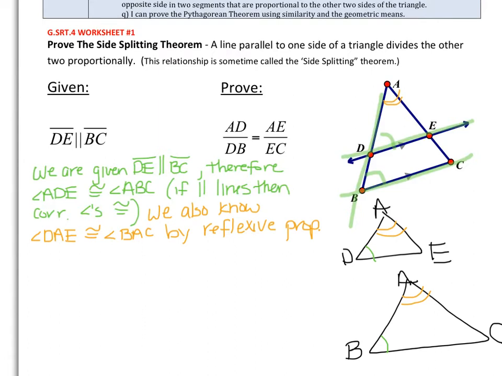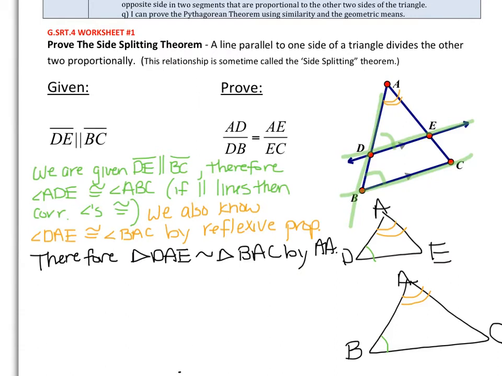At this point, if I draw the two triangles separately so that they're corresponding, I can see that I have two pairs of corresponding angles congruent, and so therefore by angle-angle, triangle DAE is similar to triangle BAC.